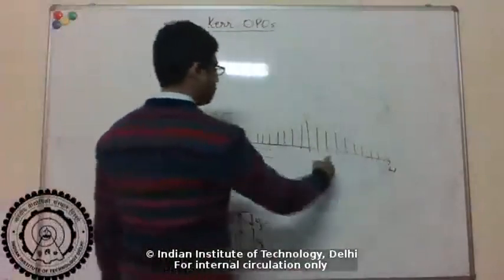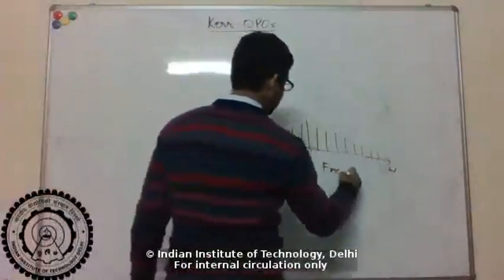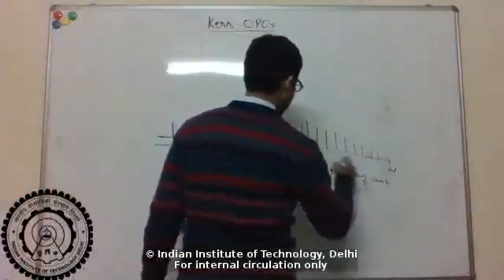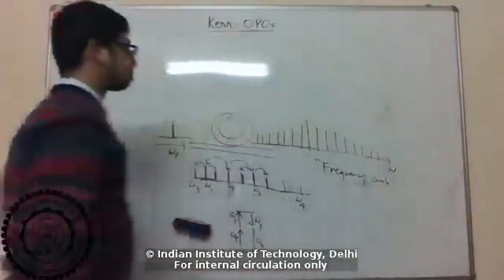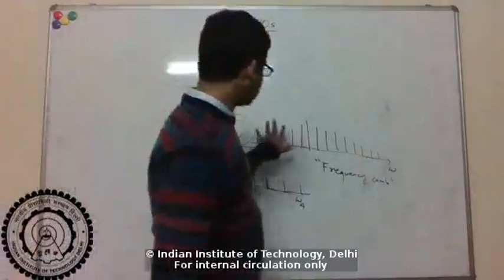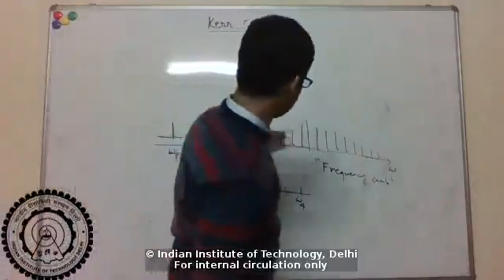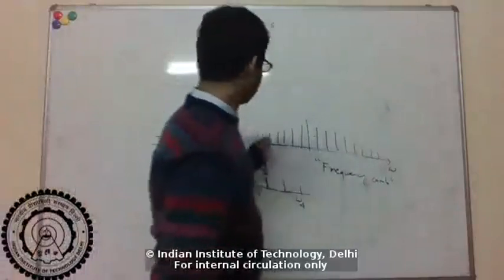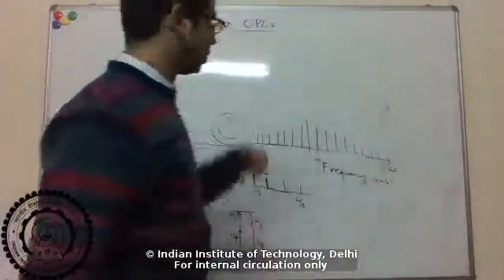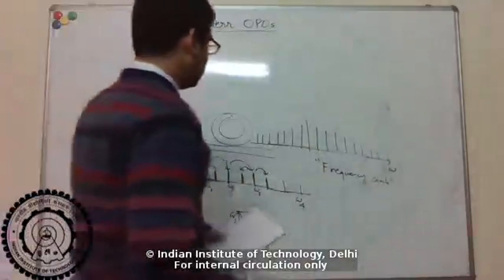Okay, and this thing is called a frequency comb. It's called a frequency comb because it looks like a comb with teeth, which are equally spaced on the frequency axis. So it's a frequency comb.